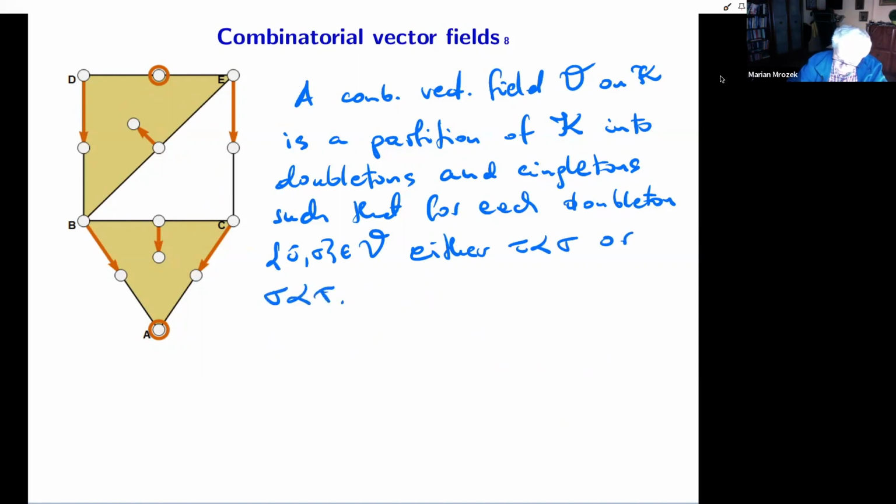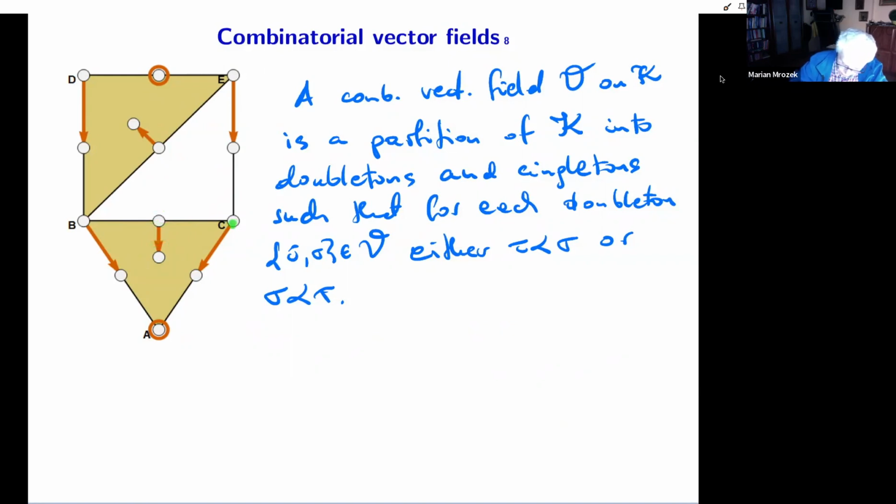Since one is a facet of the other in the doubleton, we can mark these doubletons by arrows, which point from the lower to the higher dimension. So this edge together with this triangle makes a correct doubleton.